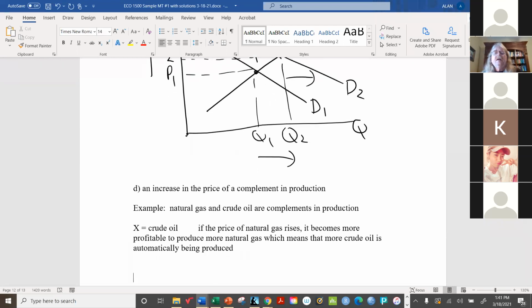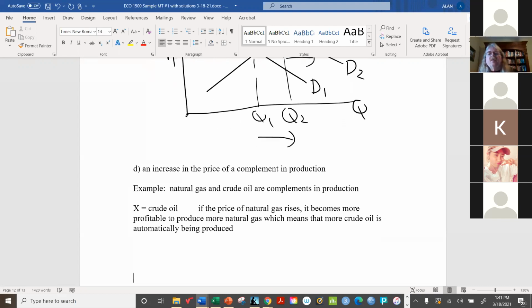You can't have more of one without more of the other, apparently, or at least it's not that easy. So if the natural gas price goes up, it's more profitable to make more natural gas, but that means we also end up with more crude oil because that's part of the exploration process. So therefore, when this happens, the supply of both goods goes up.